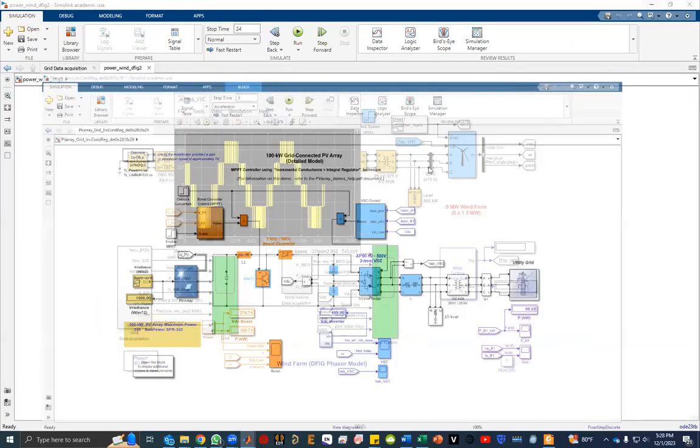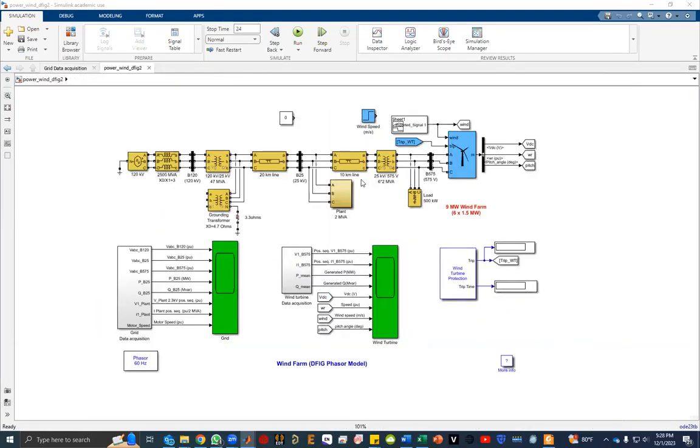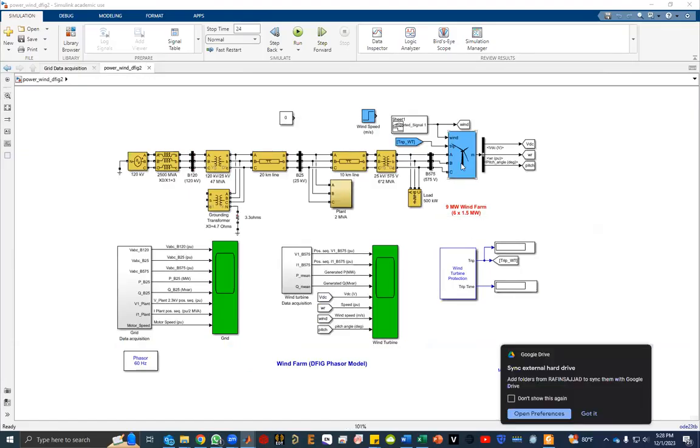as well as the other one. I have another example, which is a wind farm.